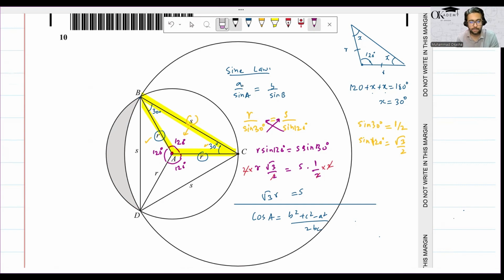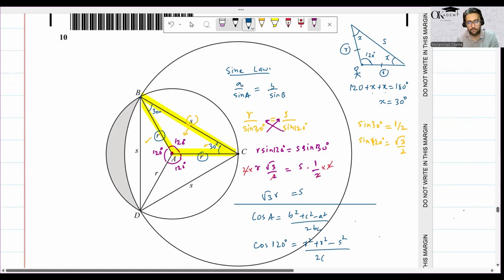I can stand at this angle, right? So if I'm standing at this angle, cos 120 degrees, then I'll take the sides r squared plus r squared minus the opposite side s squared divided by 2 times r and r. And once you work this out, you'll get the same result. Square root 3r is equal to s.